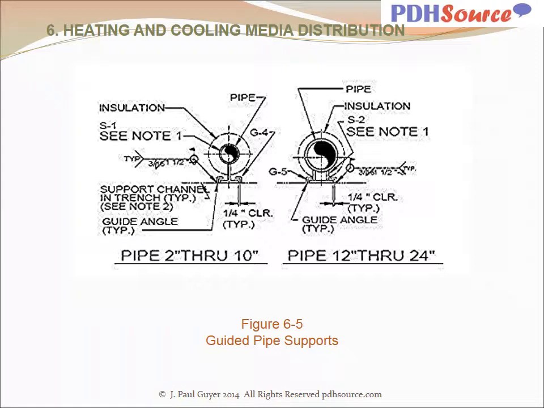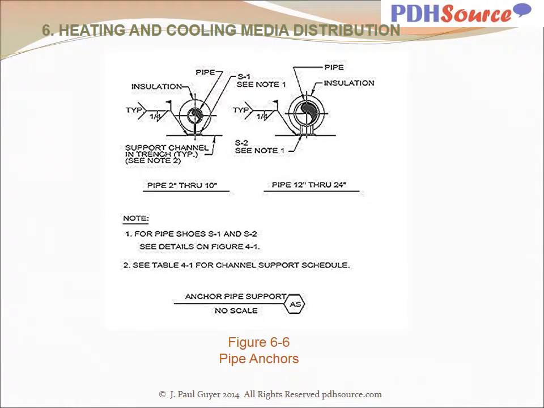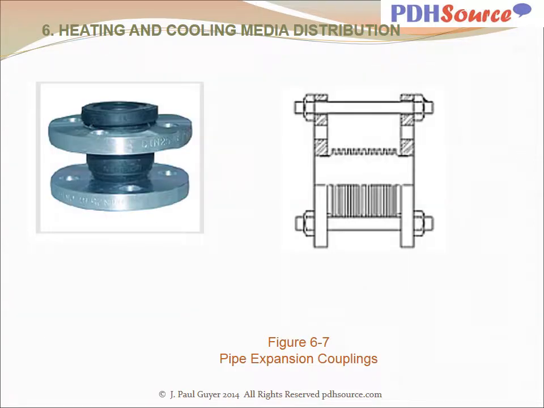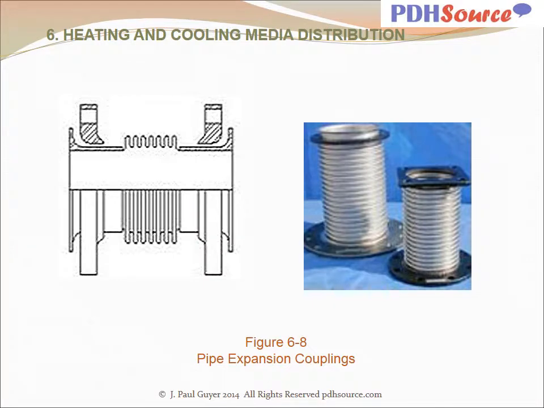These are details for the mountings, and these are details for pipe anchors. Thermal expansion can also be accommodated by expansion couplings, illustrated here in figure 6.7 and in figure 6.8.